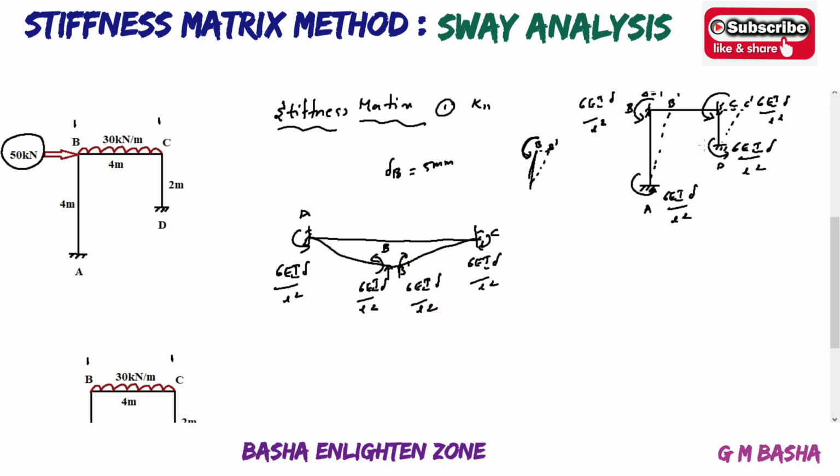But here there are no such conditions we have to remember. For that I am telling in a logical way. Your beam will be like this, your column will be like this, A to B. If I apply an anti-clockwise force like this on the beam, then B will tend to move up to somewhere, that is B dash.